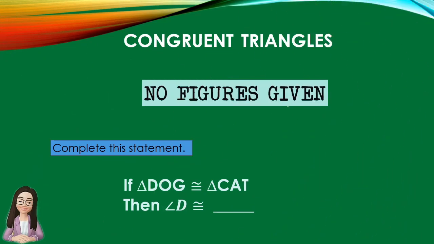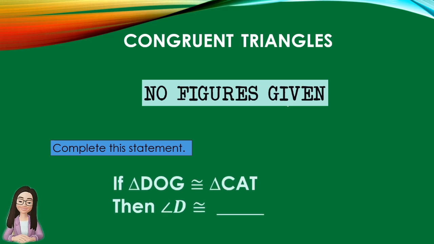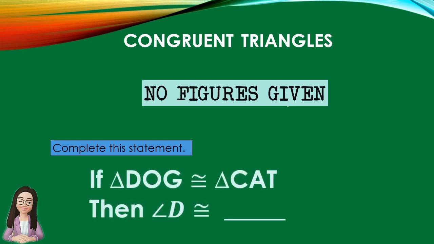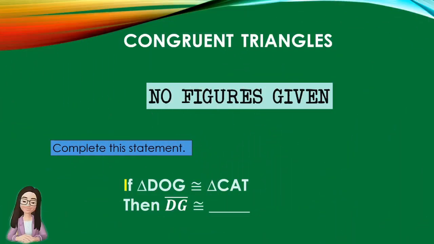Now, without figures given, can you also complete this statement below? Given only congruent triangles, can you find the angle congruent to angle D? If your answer is angle C, then you got it right. What about this? Find the congruent part of triangle CAT for segment DG.